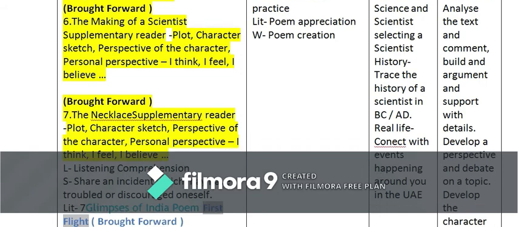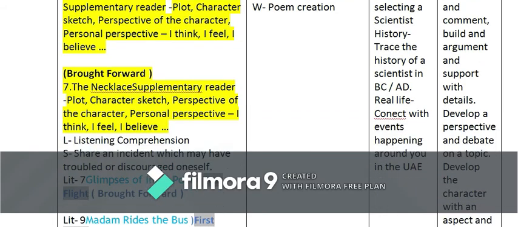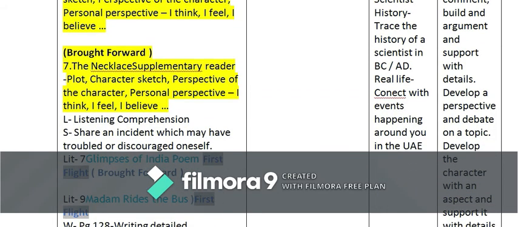Developing a character with an aspect and support with details. Now you need to identify certain qualities of a character, and you should be able to support it by citing the text, the certain aspects from the text written by the writer, how the writer has depicted the character.